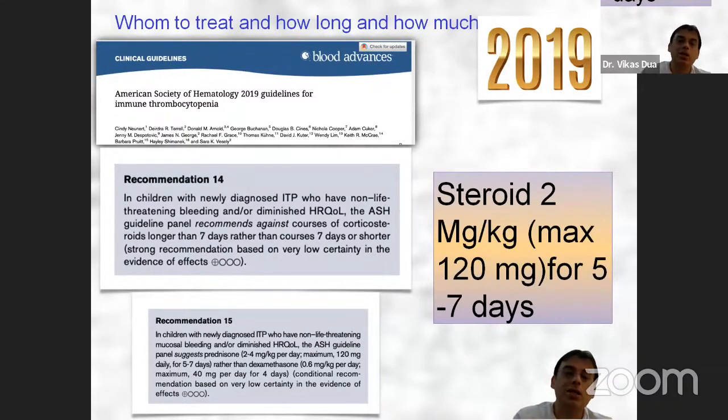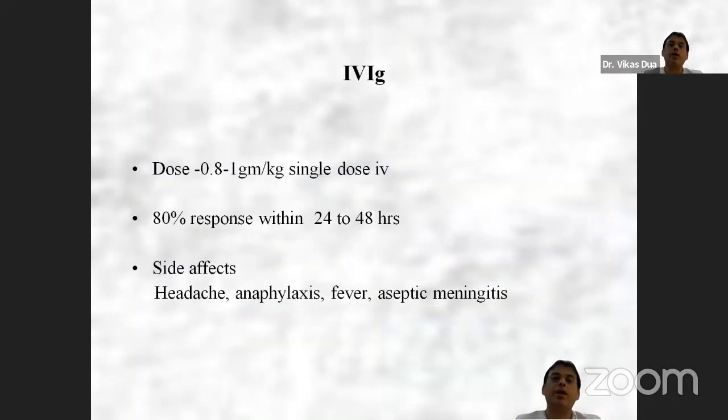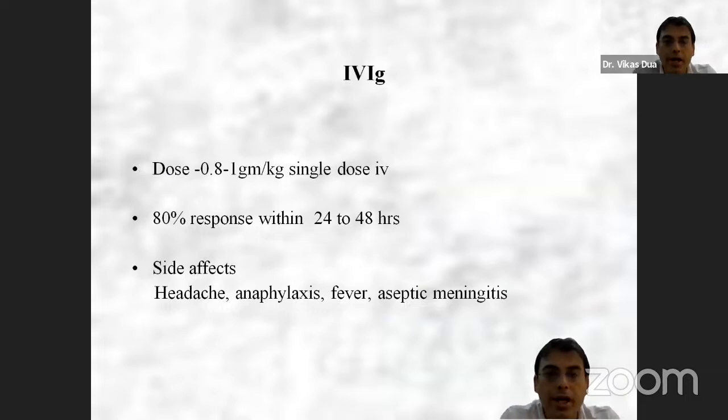You will still use a maximum of 120, and the duration would be 5 to 7 days and not longer than that. When it comes to IVIG, we have already discussed 0.8 to 1 gram per kg single IV dose, slow infusion, let's say over 4 to 6 hours. And in around 80% patients, you will have a response.